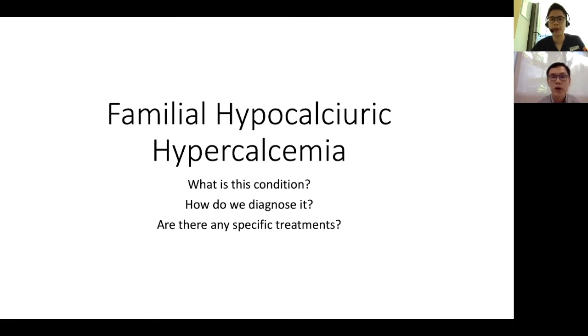And because the calcium sensing receptor is also in the renal tubules and regulates urinary calcium excretion, the calcium in the urine is low, so they don't get renal stones either. A lot of times we don't need to treat them specifically for this condition. Like I mentioned, because it's relatively benign, maybe we just need to monitor them longitudinally to check on the calcium trend to make sure that it's stable.